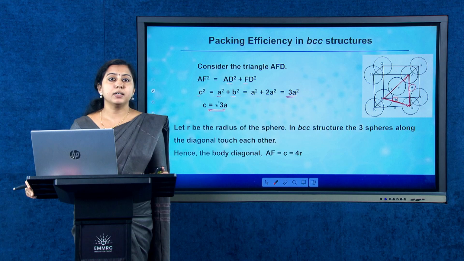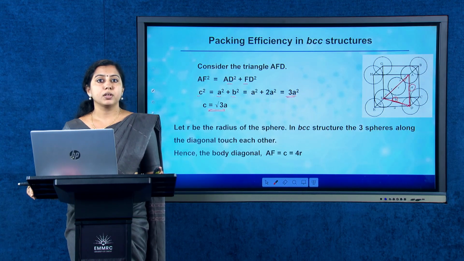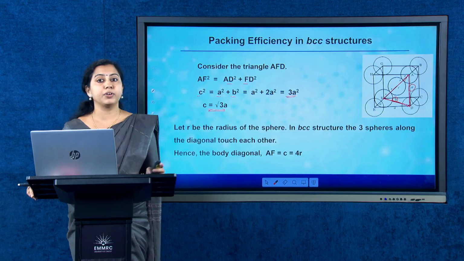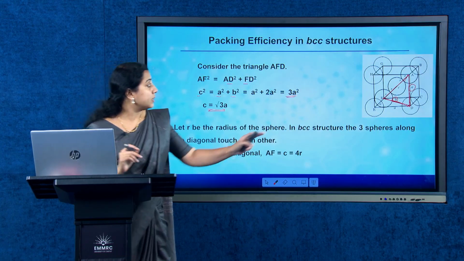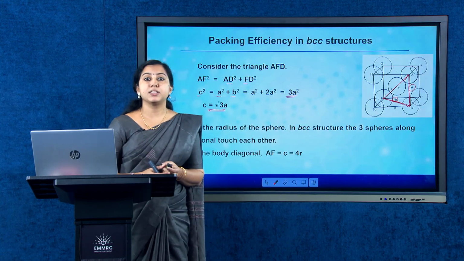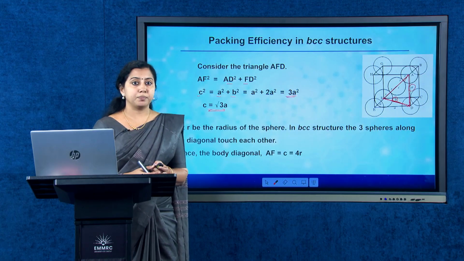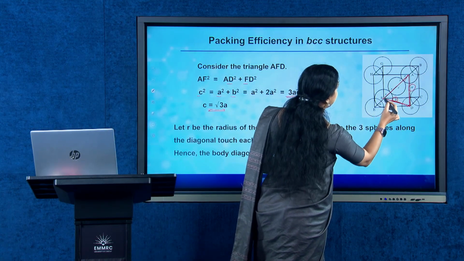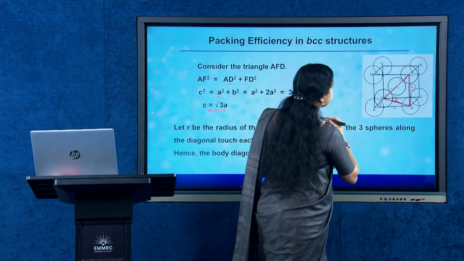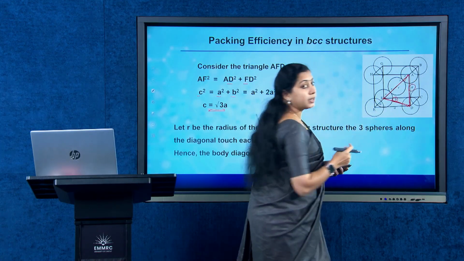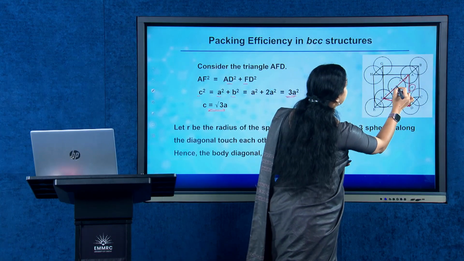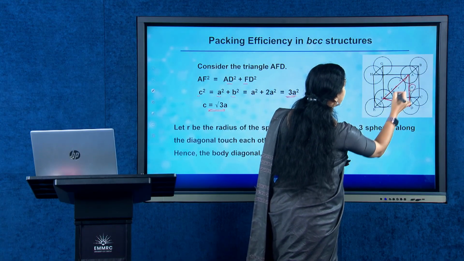So, let R be the radius of the sphere. We know that in a BCC structure, on looking onto the figure, there will be 3 spheres touching along the diagonal. If R is the radius of one sphere, you can see that the sphere in the middle is touching 2 other spheres.